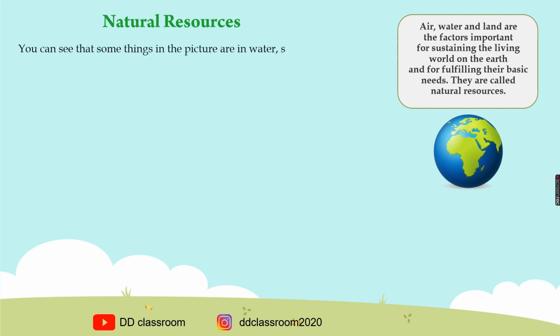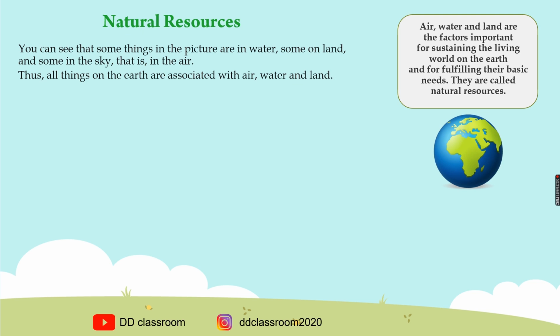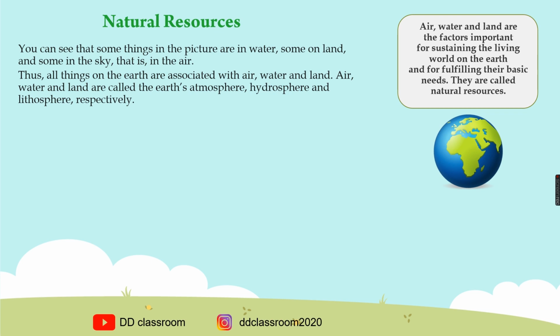You can see that some things in the picture are in water, some on land and some in the sky, that is in the air. Thus, all things on the earth are associated with air, water and land. Air, water and land are called the Earth's atmosphere, hydrosphere and lithosphere respectively.